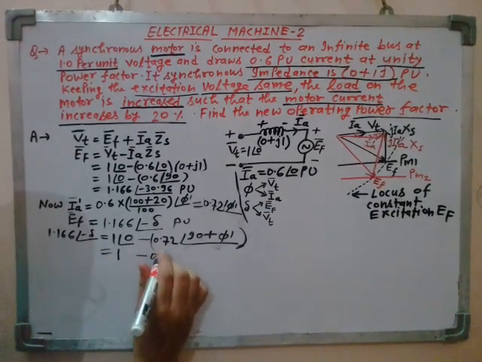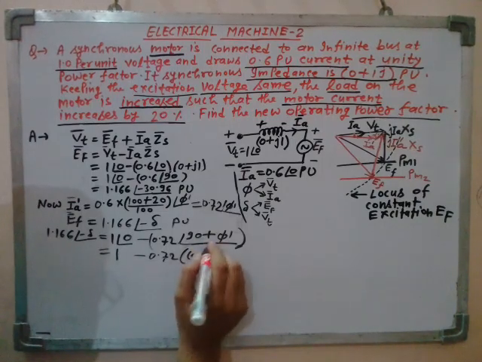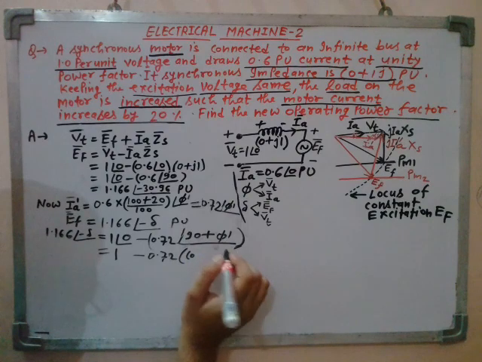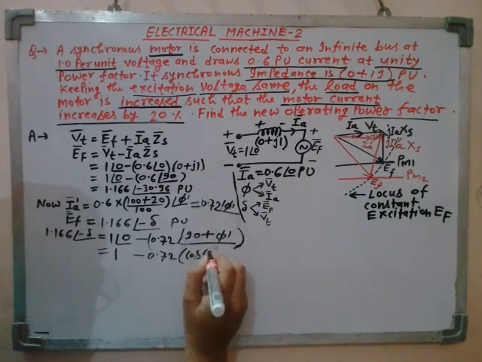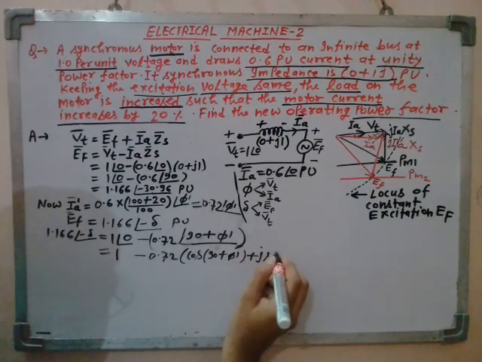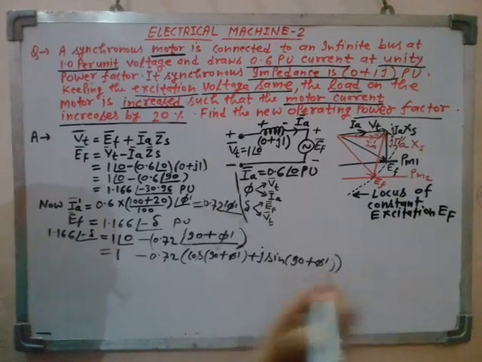So 0.72, and here write cos 90 plus phi dash plus j sin 90 plus phi dash, in polar form.